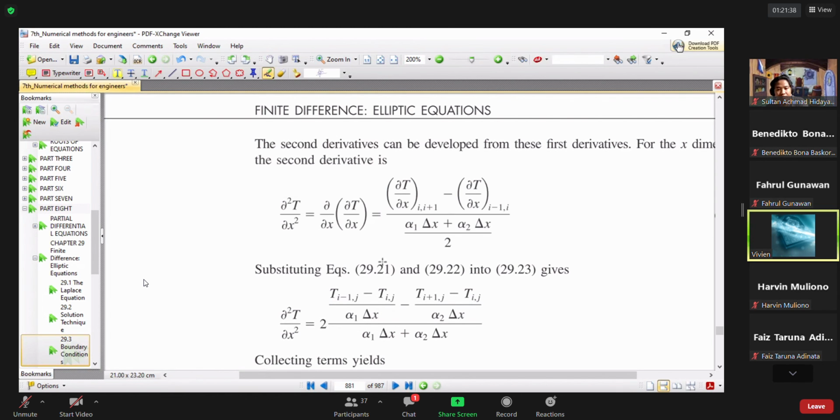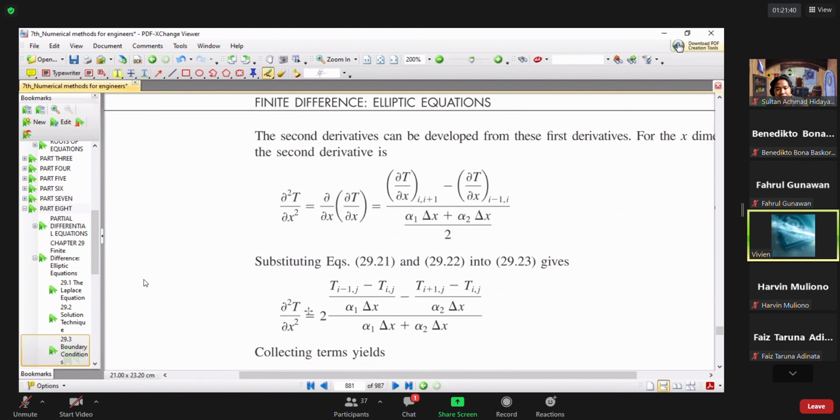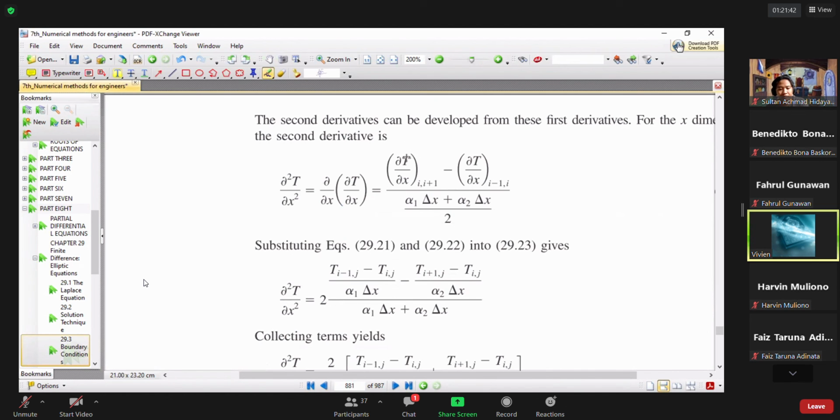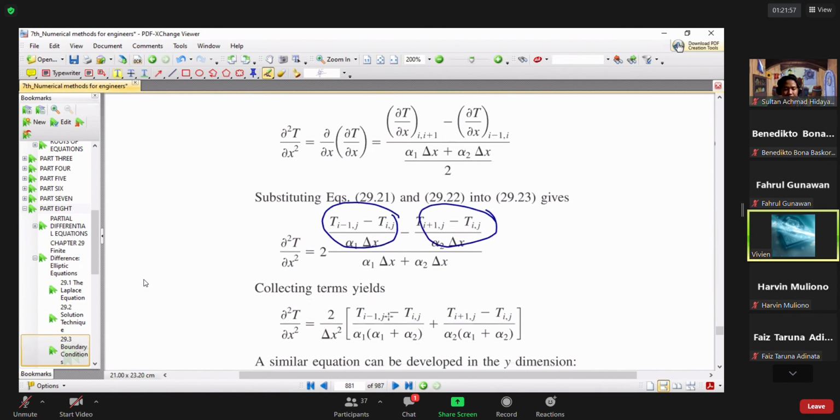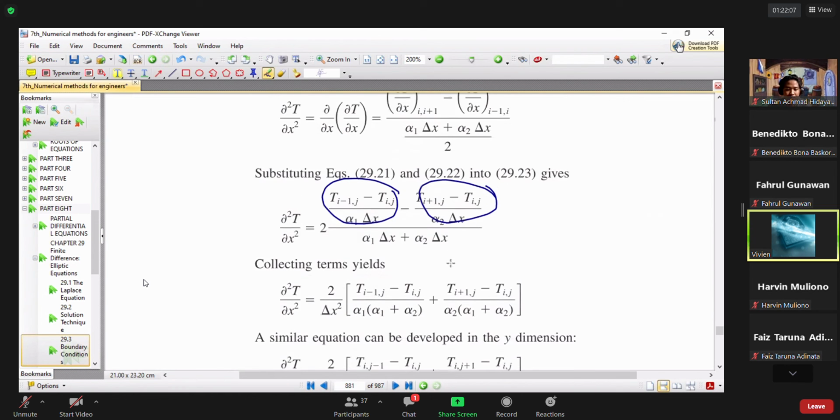If we rearrange this equation and substitute for del T del x as what we have before, this is the value from the backward scheme, and this is the value from the forward scheme. Then we collect the terms together, so that delta x goes out at the front.